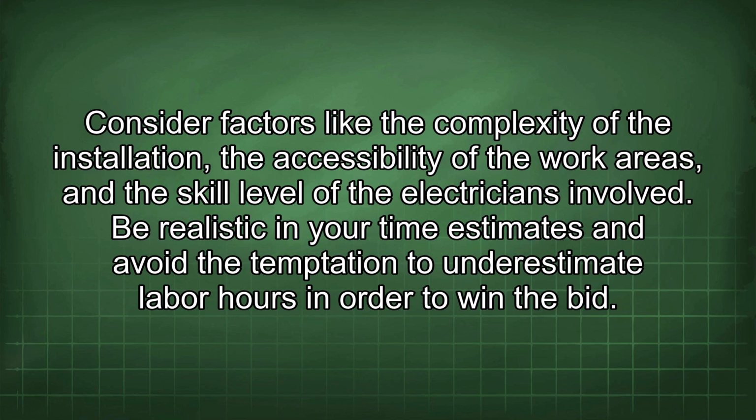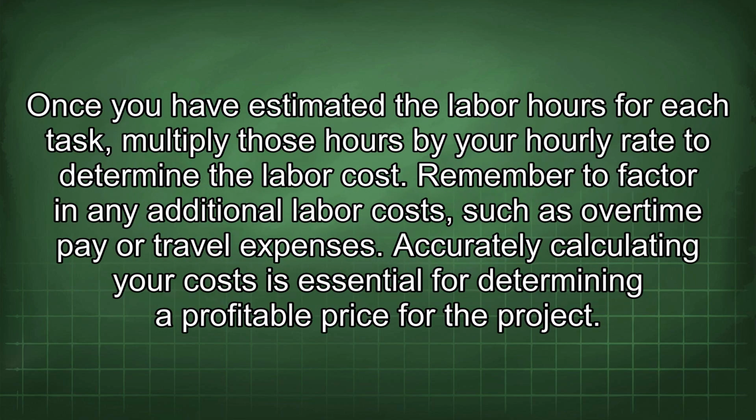Be realistic in your time estimates and avoid the temptation to underestimate labor hours in order to win the bid. Once you have estimated the labor hours for each task, multiply those hours by your hourly rate to determine the labor cost. Remember to factor in any additional labor costs such as overtime pay or travel expenses.